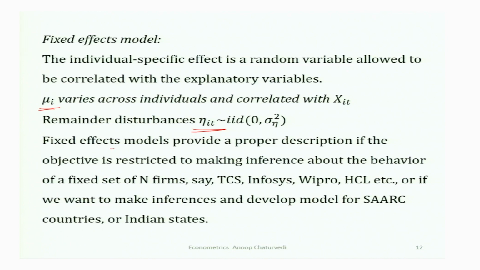Then the fixed effects model provides a proper description if the objective is restricted to making inference about the behavior of a fixed set of n, say, firms or n individual units and cross sections, meaning your cross sections are fixed. For example, suppose you have a fixed number of firms, say just 4 firms, and you want to develop some model for these 4 fixed firms.